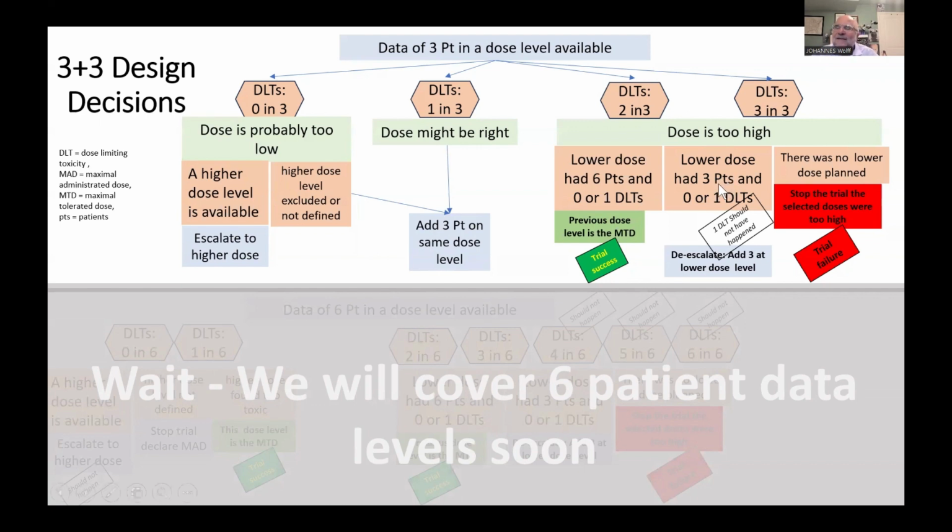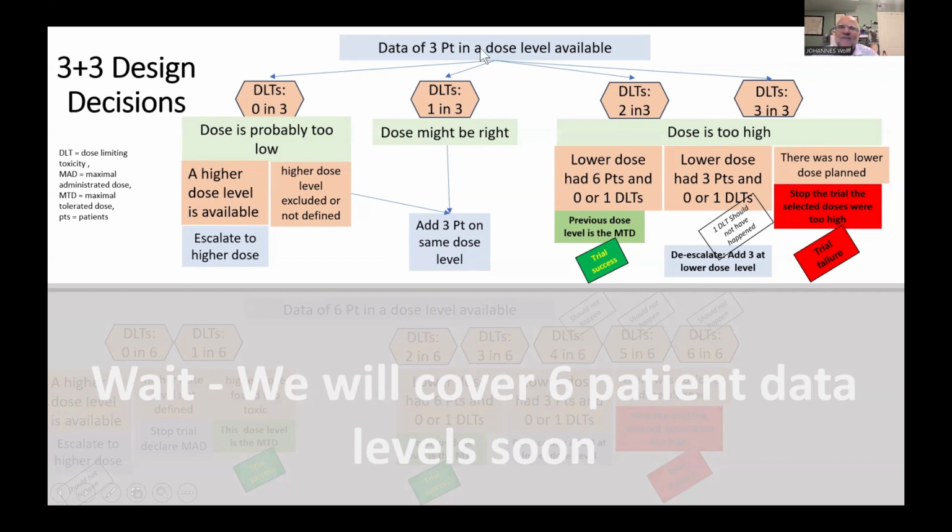If that happened, you may have to look into protocol deviations and maybe file a few papers to get it right. But the 3+3 design still allows you to make this decision in this meeting. And the decision will be de-escalate. Add 3 more patients to the lower dose level so that you come from 3 to 6 and can then declare the MTD.